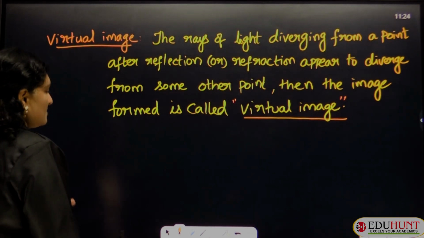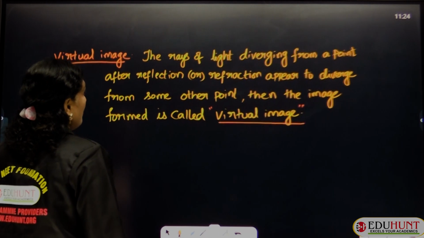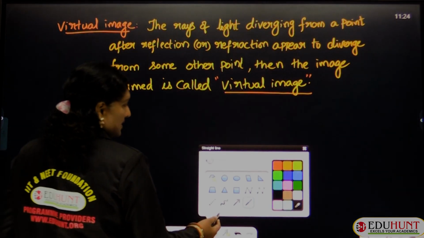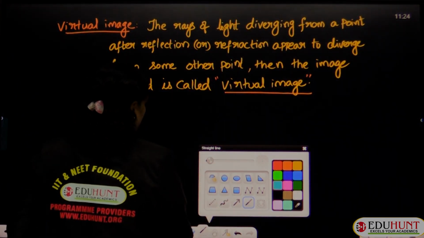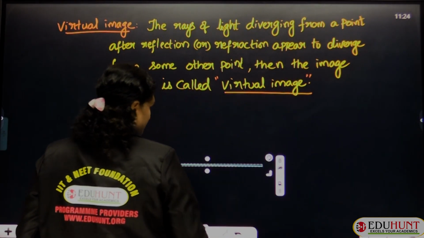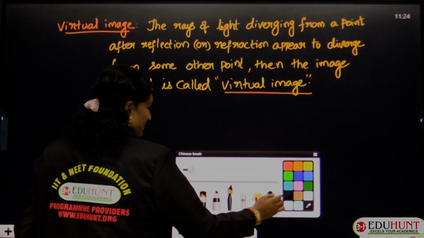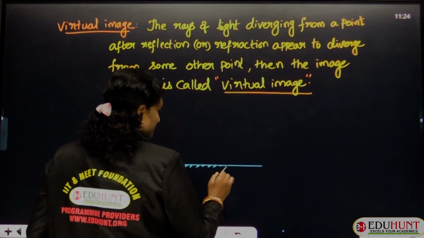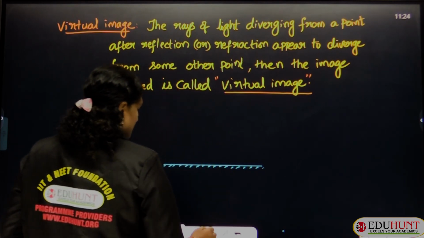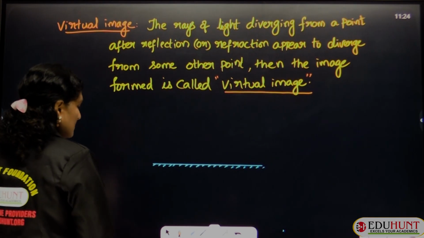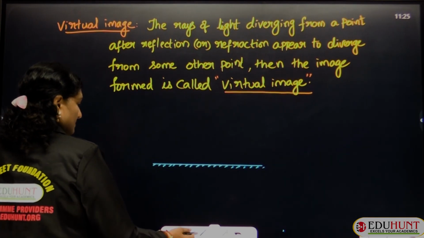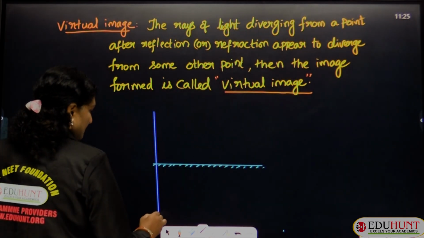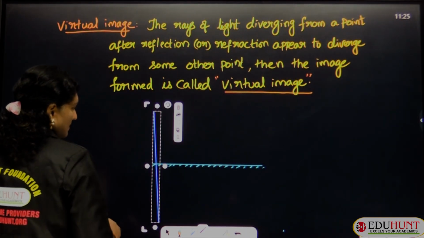So let us try to understand the same with the help of a diagram. For this, let us consider a plane mirror. On this plane mirror, for my clarity I am just keeping a mark over here.